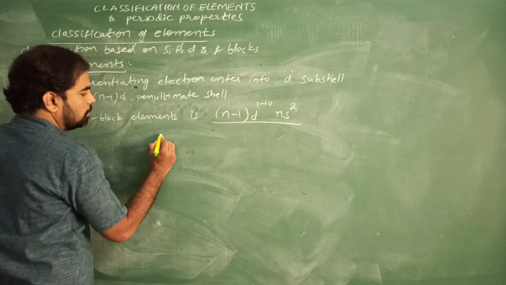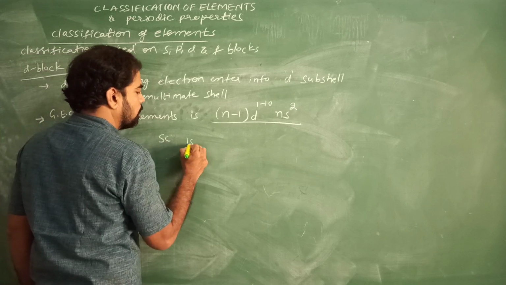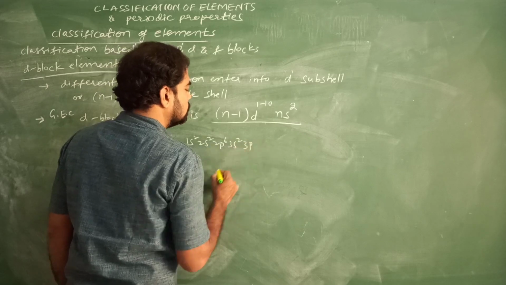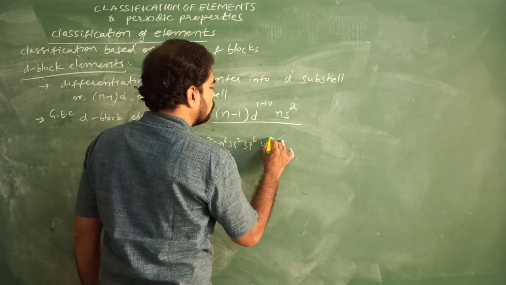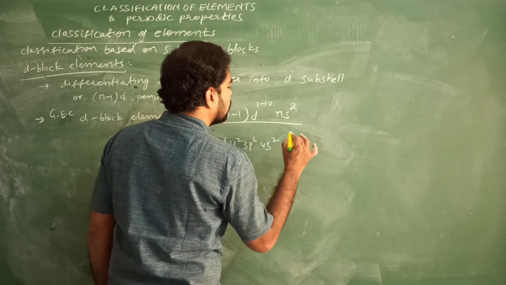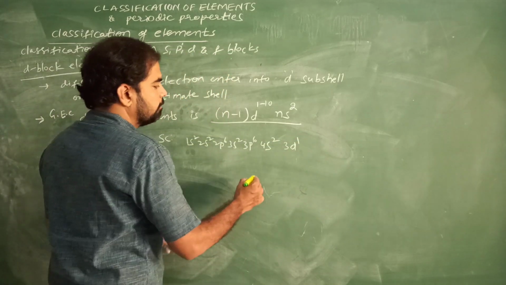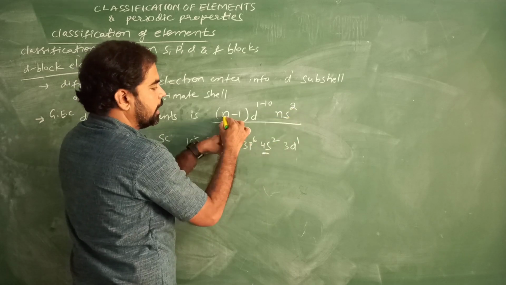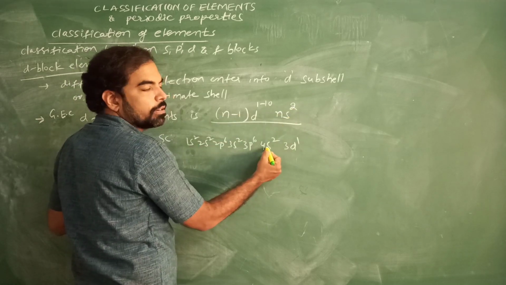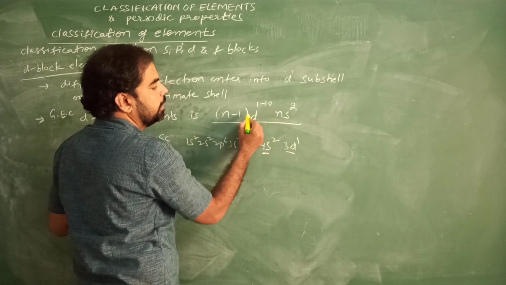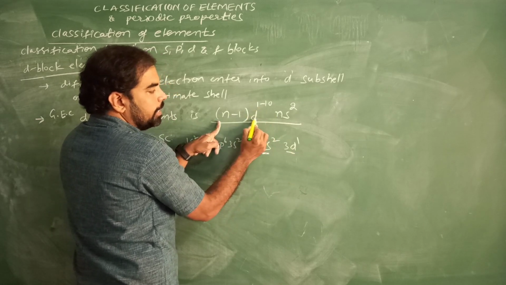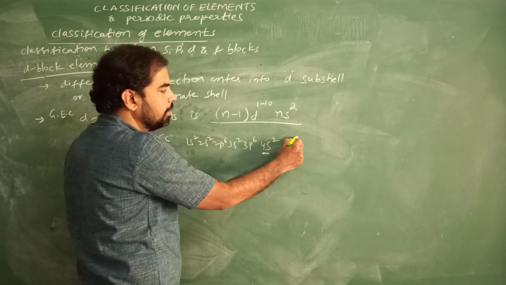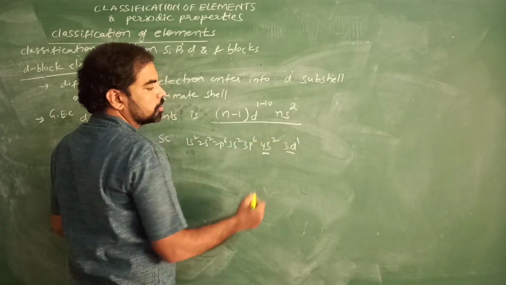Take one example, scandium. Its electronic configuration is 1s2, 2s2, 2p6, 3s2, 3p6, 4s2, 3d1. Here the n shell is the last shell, the fourth shell, 4s2, and n minus 1, 4 minus 1 means 3, so 3d1. In the n minus 1 shell, d 1 to 10, then ns2, here 4s2.